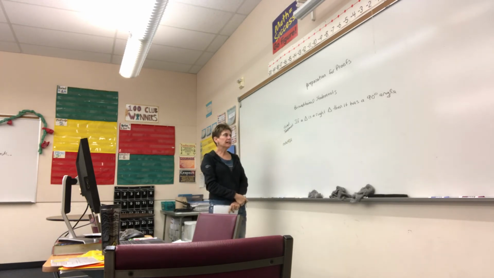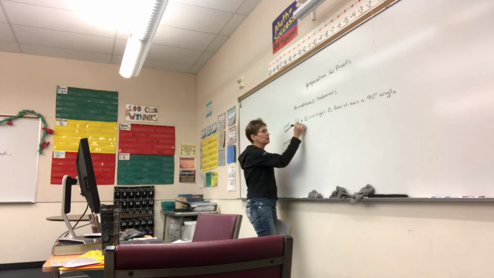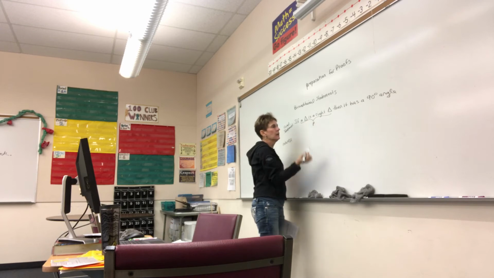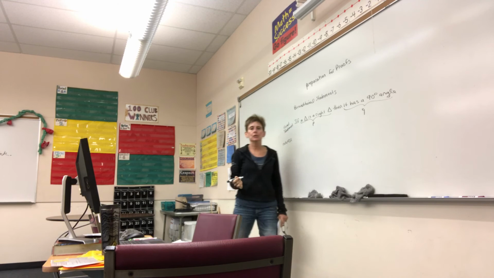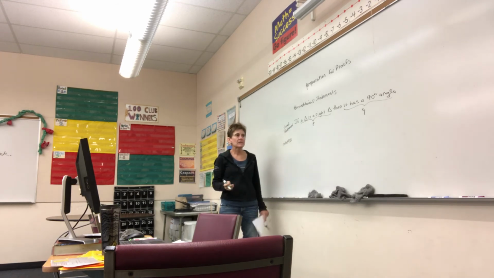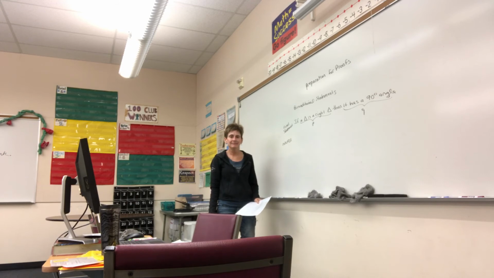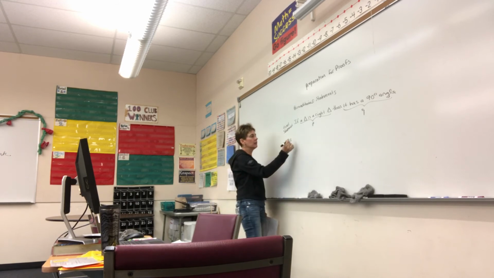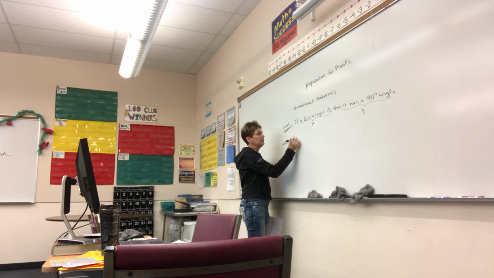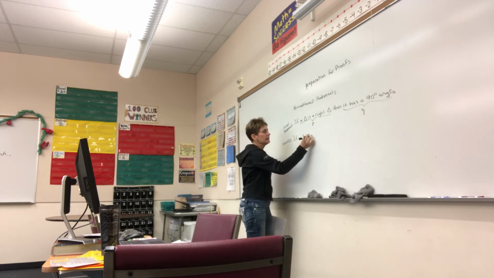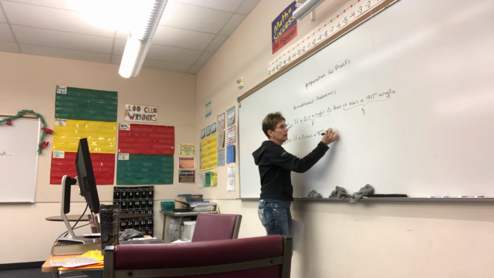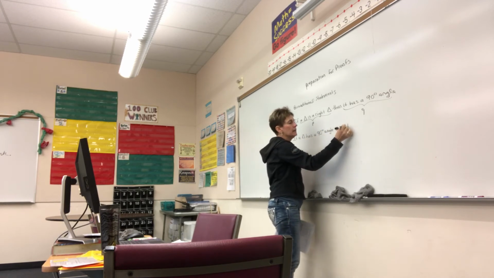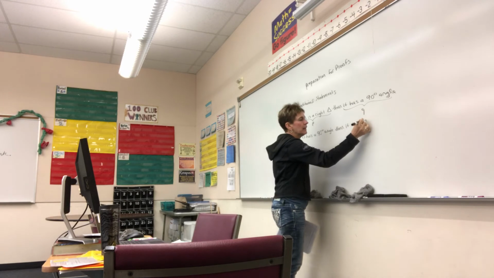So we had if a triangle is a right triangle, that would be our P, then it has a 90-degree angle would be our Q. Try to flip the order and see what you end up with. Let's try it. The converse would be if a triangle has a 90-degree angle, then it is a right triangle.